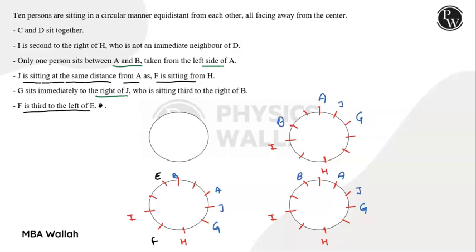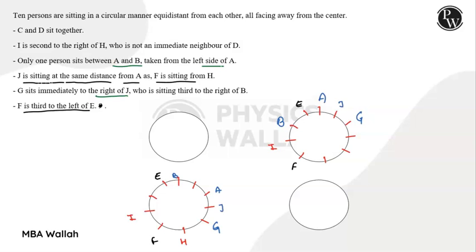In the second case, if we try to place F here, E will be sitting third here, and that is the only possibility. And in the last case, if we try to place F here, E will be at the place of B, which is not possible. If we try to place F here, then E will be at the place of I, which is also not possible. So this case is also eliminated. Now we are left with only two cases.